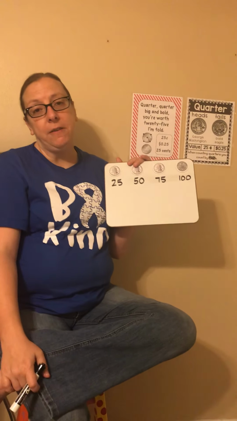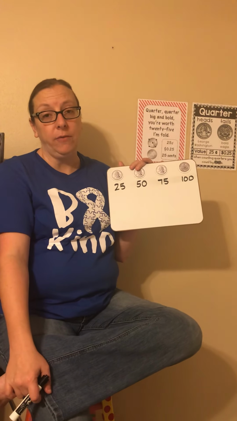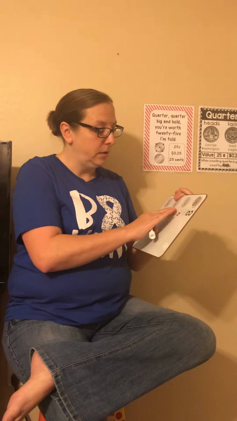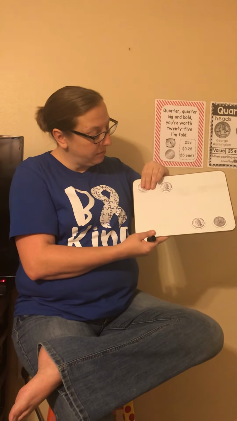Now, if you watched my video about touch points for coins, that's going to help you a lot when you have quarters. So I'm going to show you how I would do that. So if I want to know how much 2 quarters is, and I can't remember counting by 25s, that's really tricky, those touch points are going to help you. So let me show you the touch points for the quarter, because that might help you.